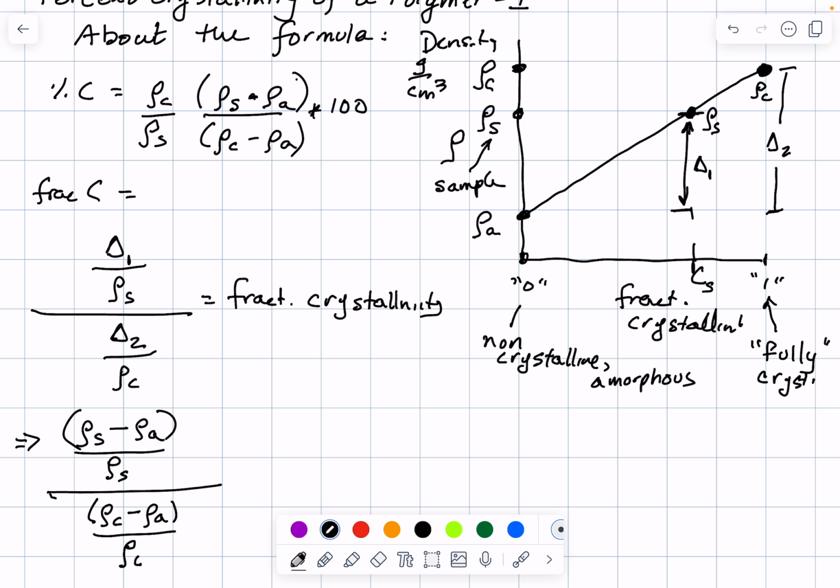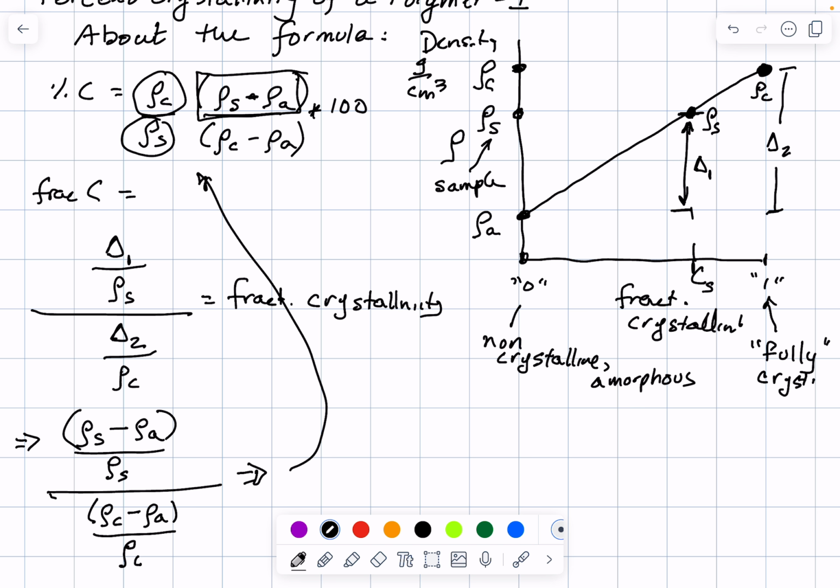So if we flip this over and do a little gymnastics to it, what you will see is that we end up with exactly that formula. This is why you have the crystalline density on the top and the sample density on the bottom of the leaders. And then again, these other two factors are differences of the densities.